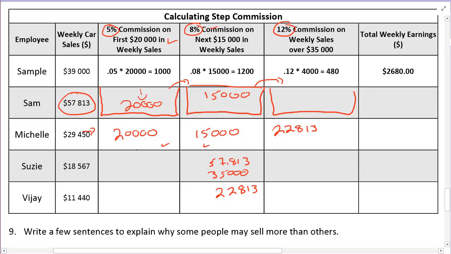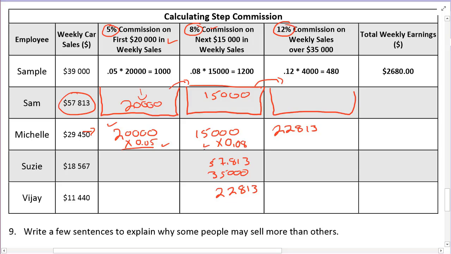Now this first bin, Sam is going to earn 5%, and 5% written as a decimal is 0.05. And so we're going to multiply to figure out how much commission Sam's going to earn on the first bin. And in the second bin, Sam's going to earn 8%, and as a decimal that's 0.08.